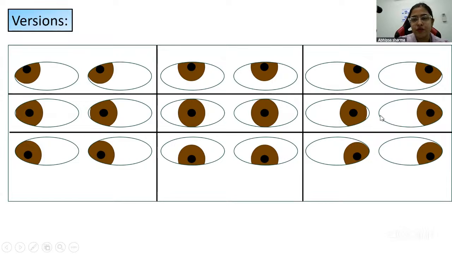This is levoversion. This is sursumversion and this is deorsumversion. And here, this is dextroelevation, dextrodepression, levoelevation and levodepression. This is how the versions are seen, or this is how you can grade the versions.